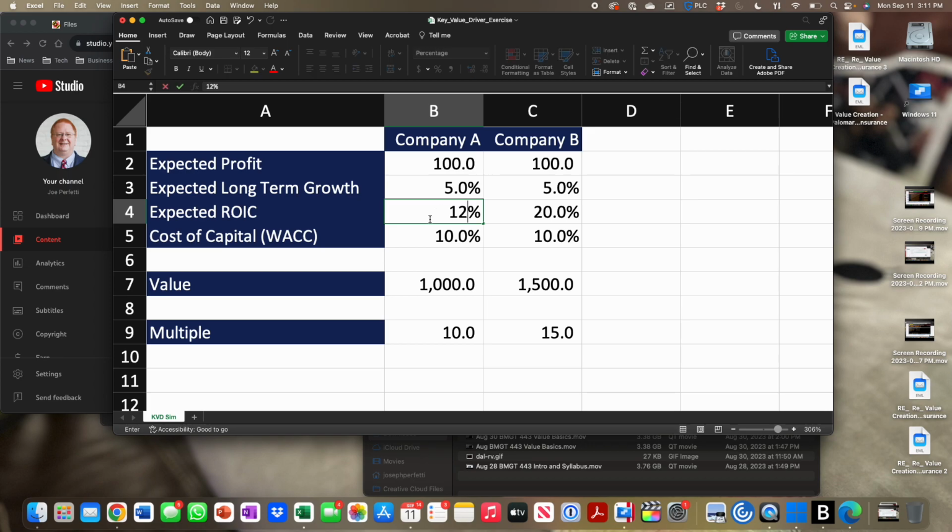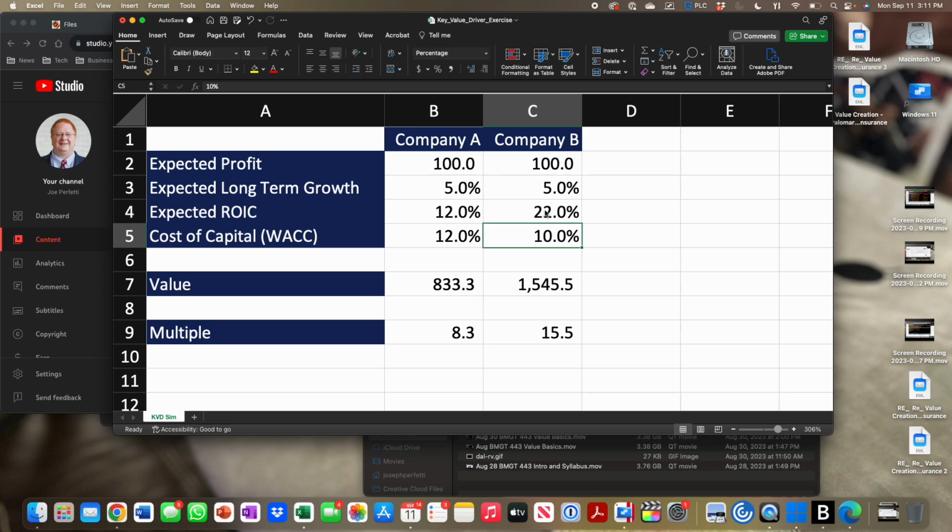So 12% ROIC, 12% WACC. 22% ROIC, 12% WACC. I'm going to make this 24%, and I'm going to make this 14%. And in both cases, the values and multiples are still lower. Even if the spread improves, the multiples are lower. Why?